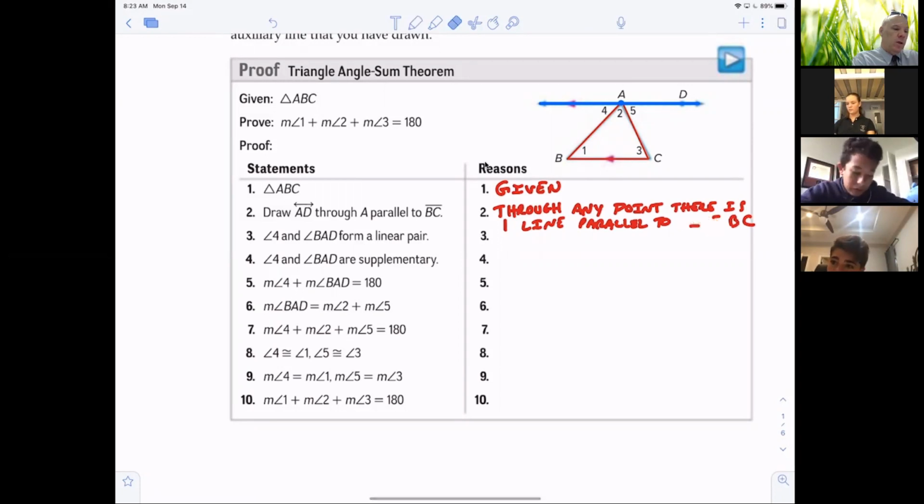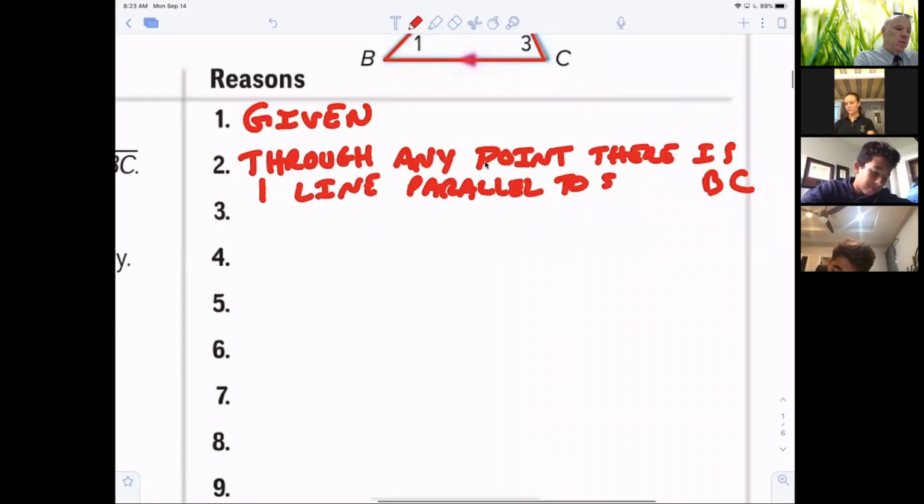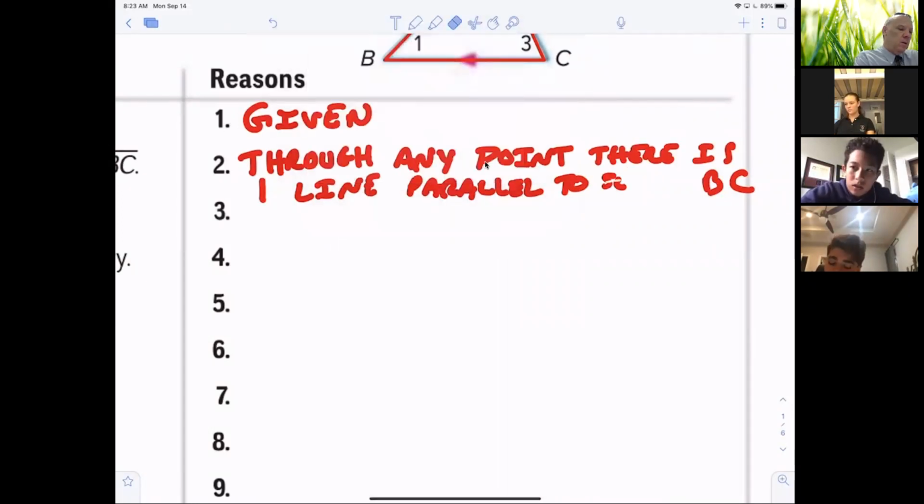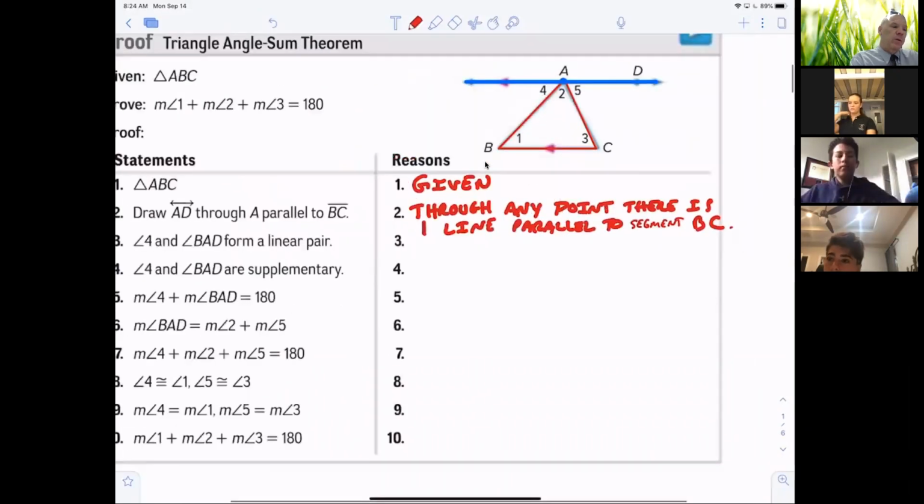I don't care if you call it a line. I'm going to say segment, though, because BC is a segment. Is everybody okay with that? Anybody have any questions?